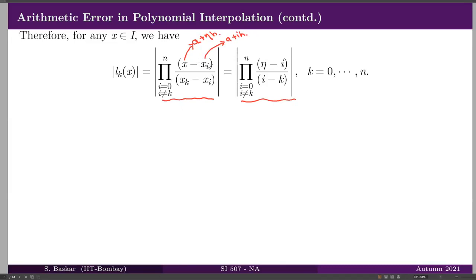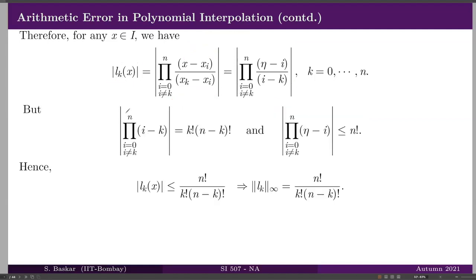Therefore, x minus xi can be written as eta h minus ih. Similarly, in the denominator also, the h gets cancelled, and we will have this expression for the Lagrange polynomial when the nodes are equal, right? We should note this. When the nodes are equal, we can write the Lagrange polynomial Lk of x like this.